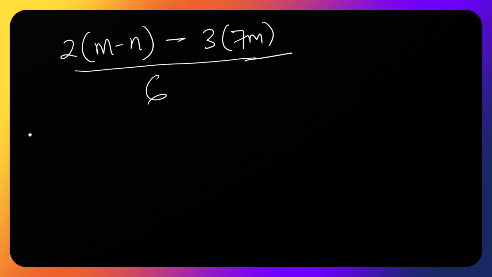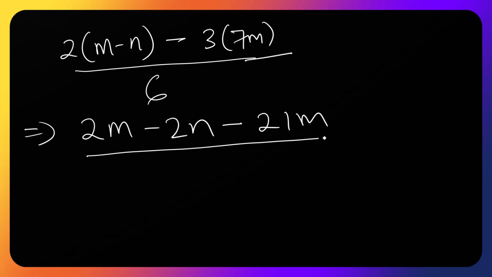Alright, now let's go ahead as we expand. So we have 2m minus 2n minus 7 times 3, 21, on 6.